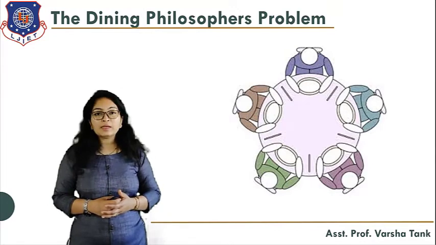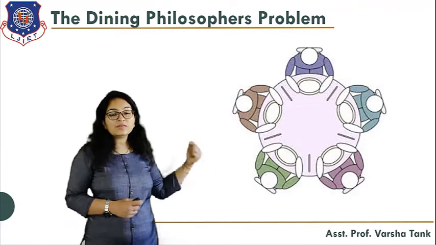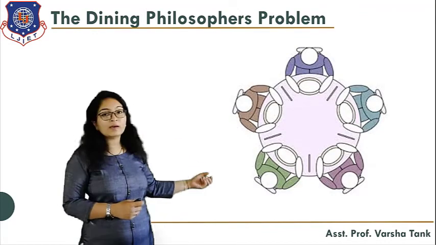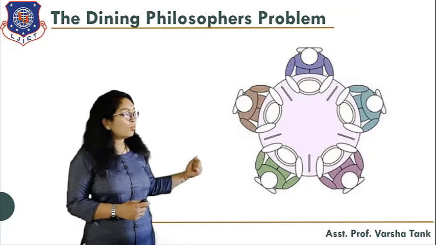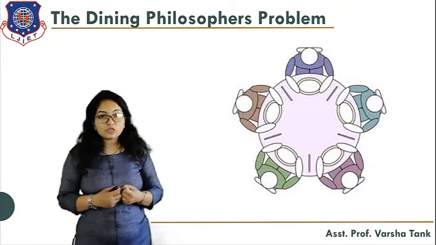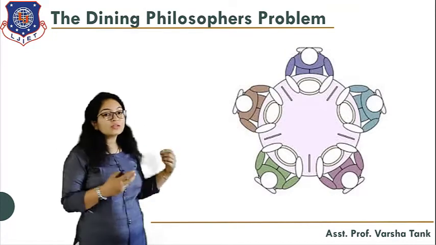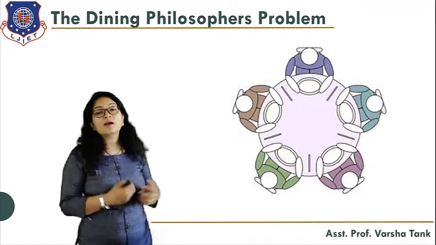So what will happen here? You see this philosopher, for example, the green philosopher, the philosopher in green color. This philosopher wants to eat a meal. It requires 2 chopsticks, one with the left hand and one with the right hand.